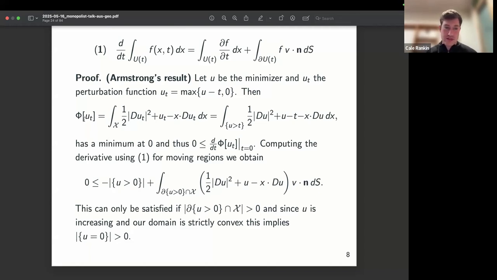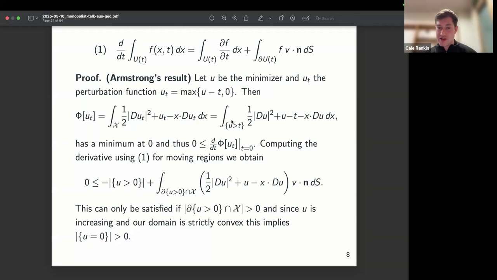Now what I want to do is consider the value of the functional Φ on this new competitor function, u_t. Well, let's plug it into the integral. I get a half |Du_t|² plus u_t minus x·Du_t. This is just the integral we're working with. Now, what can I say? Well, I can say this integrand is non-zero only when u_t is greater than 0, i.e. when u is greater than t.